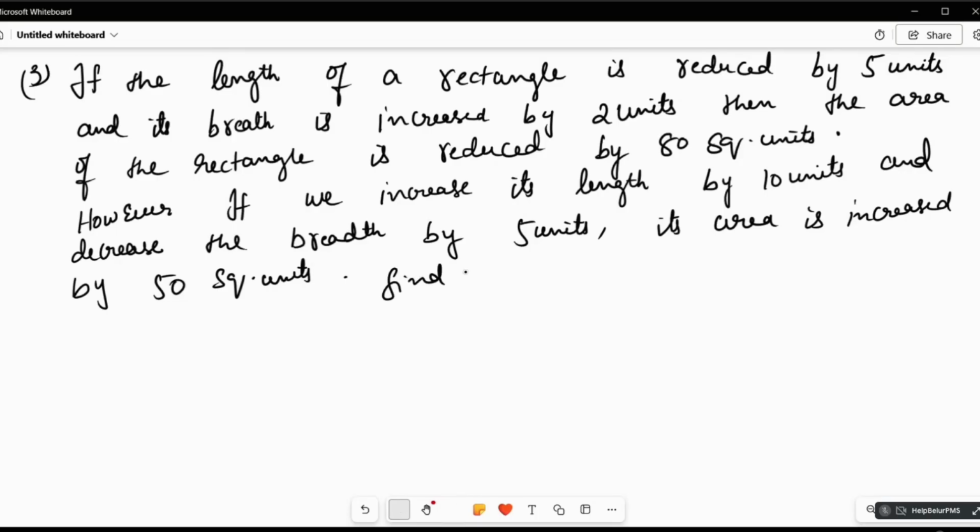Find the length and breadth of the rectangle.